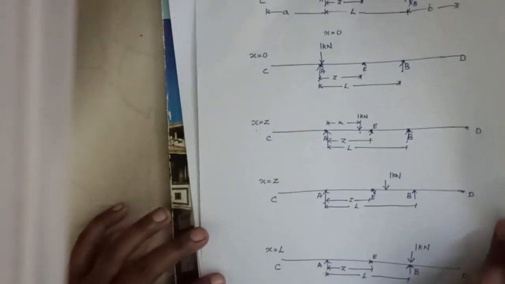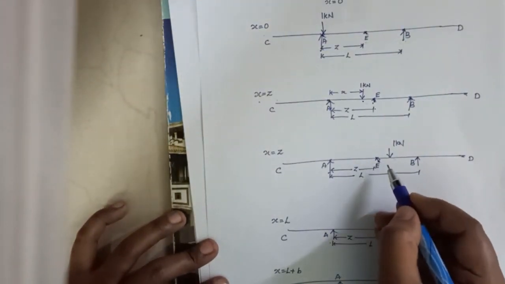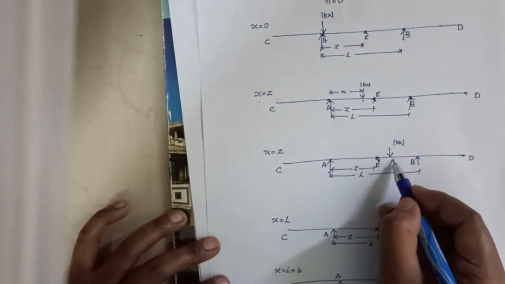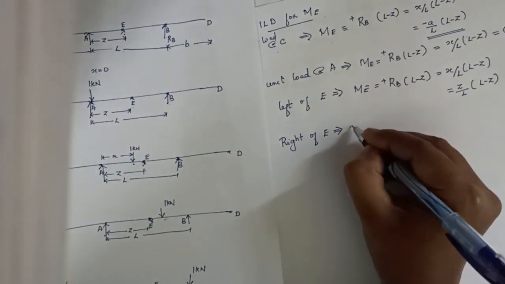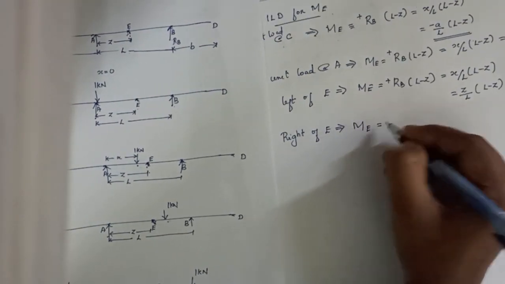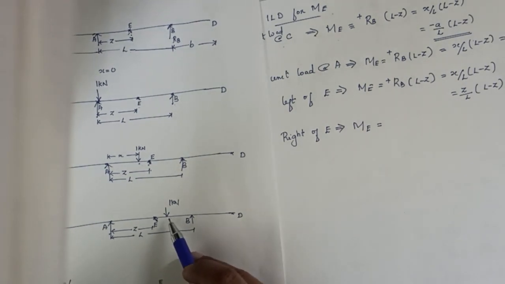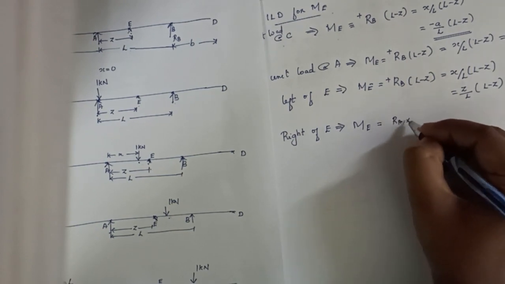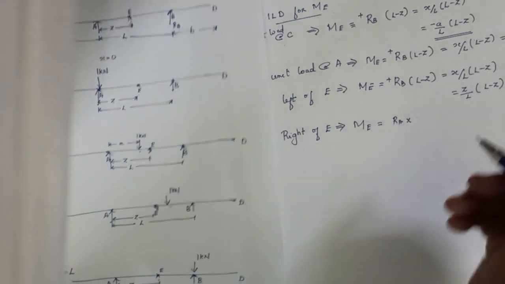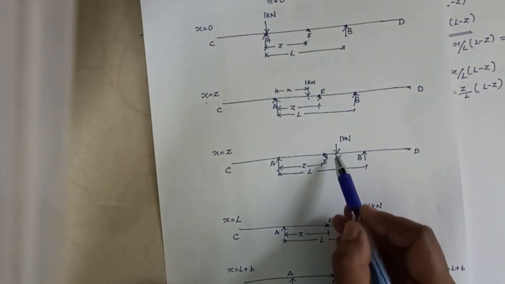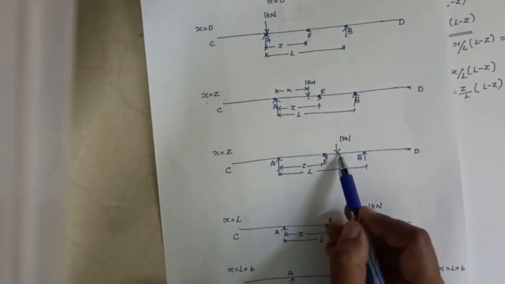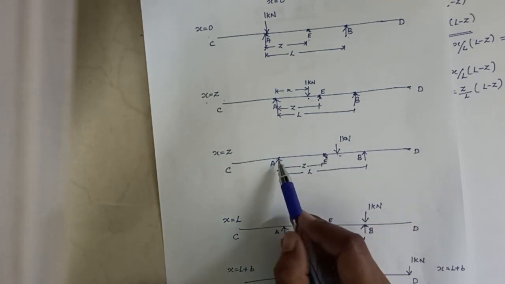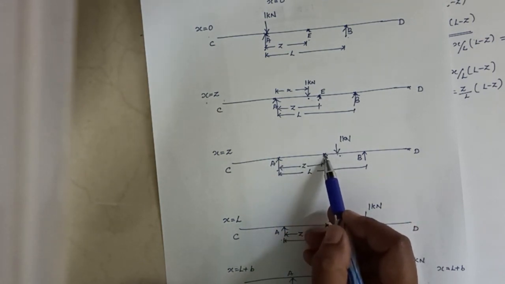Okay. Then next position, when the unit load is in right of section E, the moment will be equal to RA into z. If the unit load is at right of E, then the moment at E will be equal to RA into z.